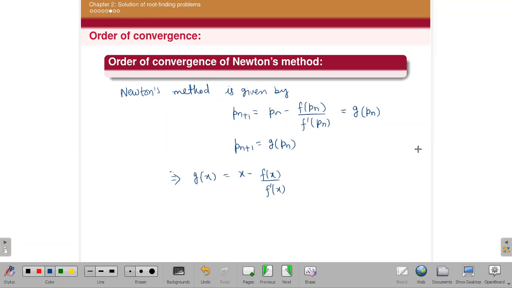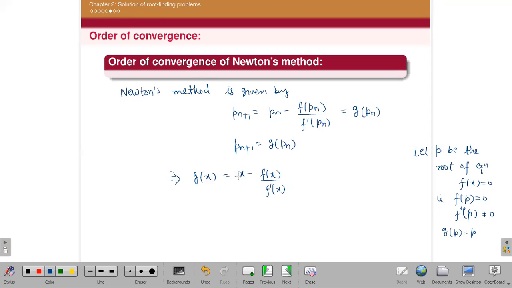Okay, so here I should write that let p be the root of the equation f of x is equal to 0. So it means f of p is equal to 0, and f dash p is non-zero because this is the condition in Newton's method, and g of p will be p. You can see, if you take x is equal to p, then you get p minus f of p over f dash p.